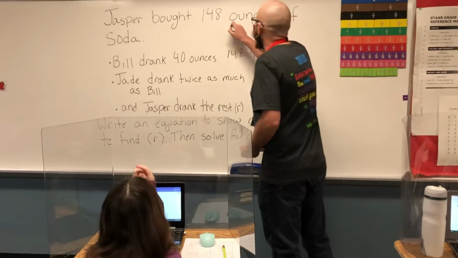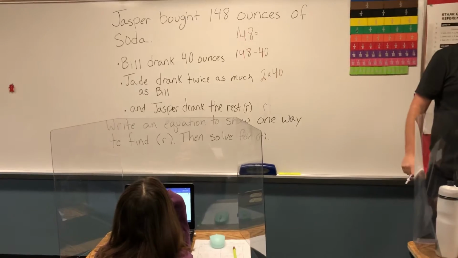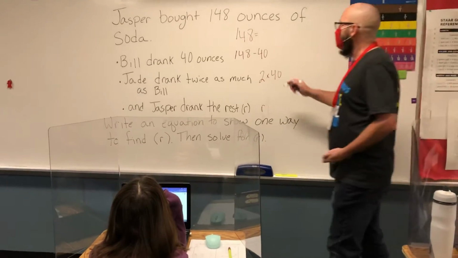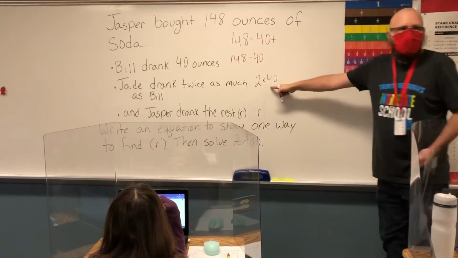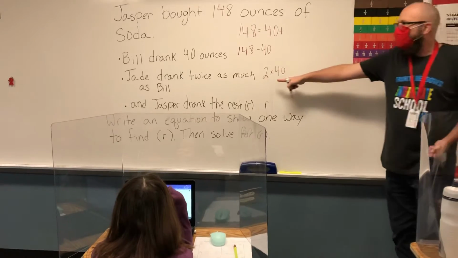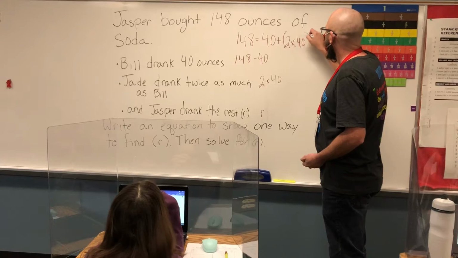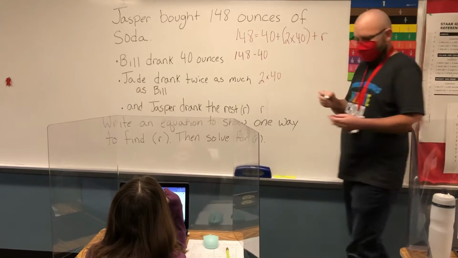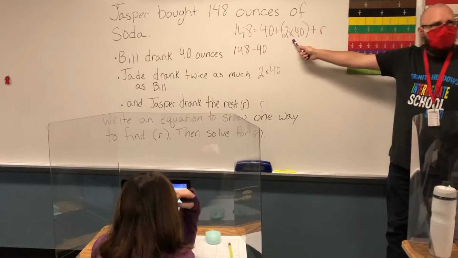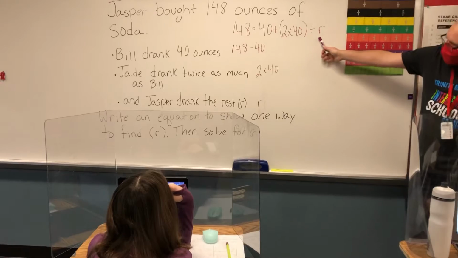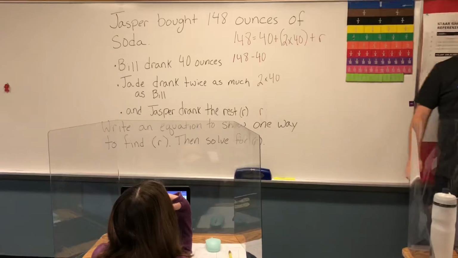So my equation is 148 equals the amount Bill drank, 40, plus what we know Jay drank, 2 times 40, plus R. So if I add what Bill drank plus what Jay drank plus the rest of it, which is what Jasper drank, that's going to equal 148.